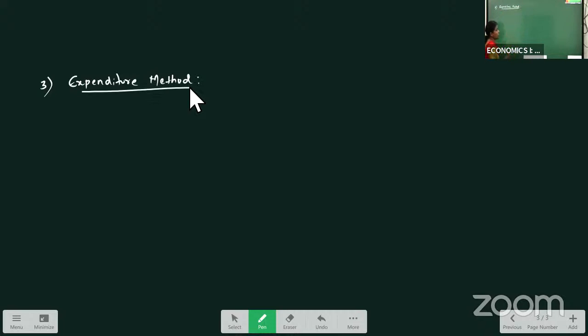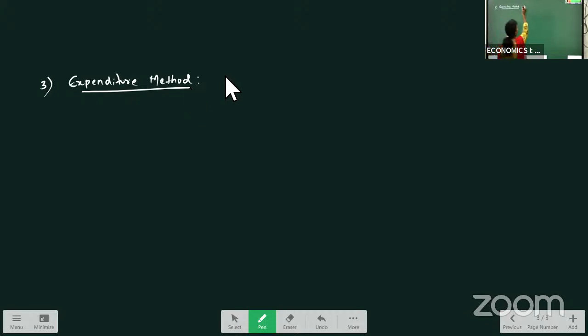Next, one more method we have, that is our expenditure method. Expenditure method. So this is another method which we calculate national income. The total expenditure incurred by the society in a particular year is added. So how we calculate here?